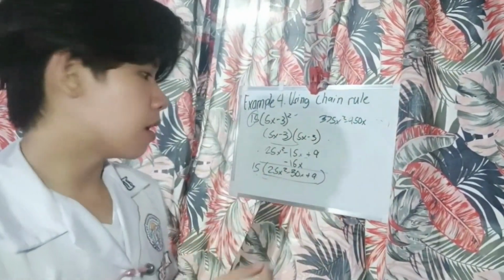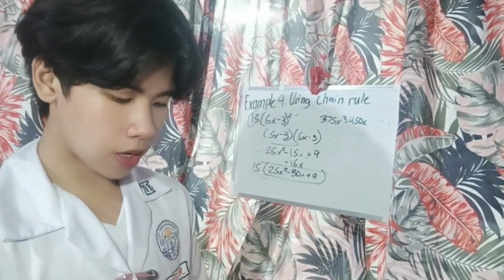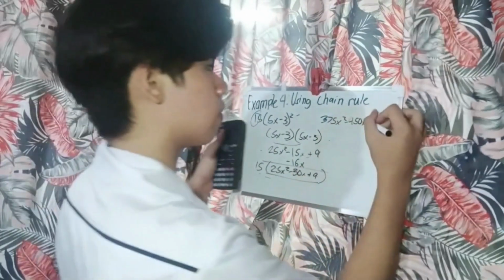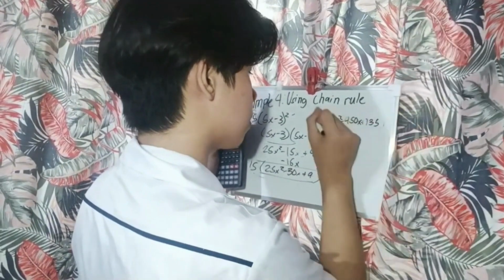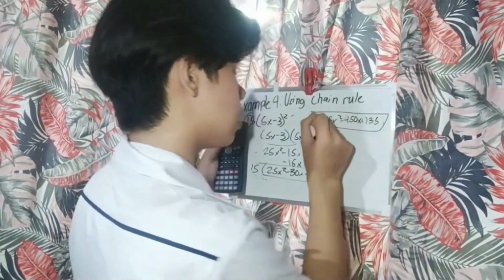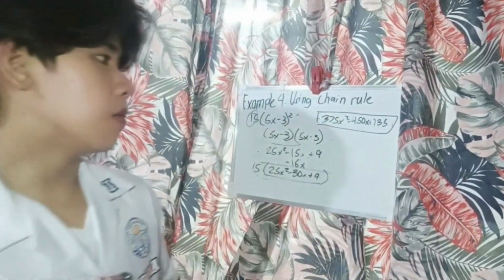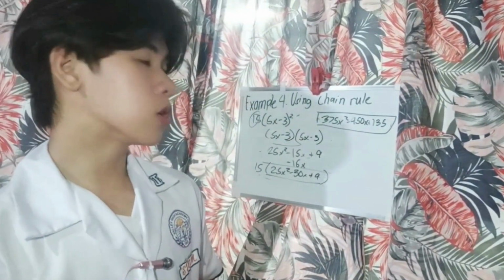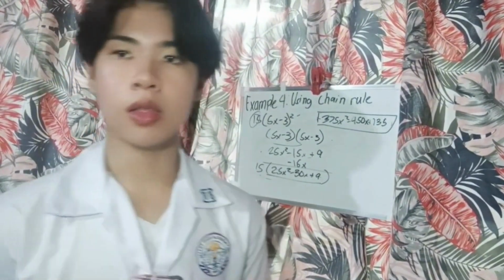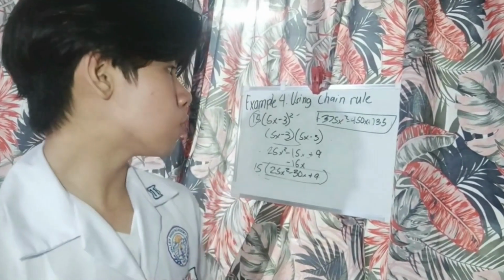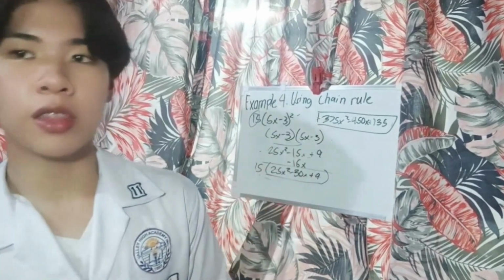And then lastly, 15 times 9 is 135. Plus 135. And this is our answer. 375x squared minus 450x plus 135. And yeah, that's how we use chain rule if we have an exponent with 2 or 3. And thank you for listening.